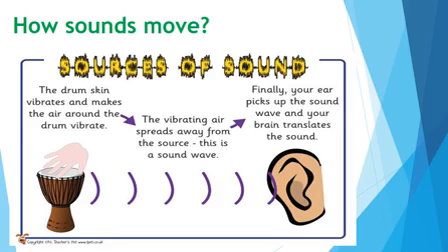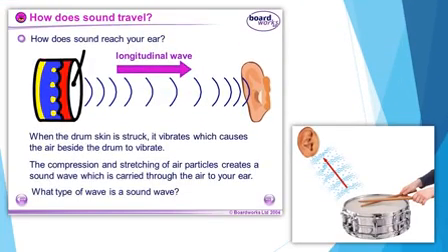Very good. Let's continue. If we observe here, class, how does sound reach your ear? Same as the previous picture. When the drum skin is struck, it vibrates, which causes the air beside the drum to vibrate. Same as the concept in the first picture.